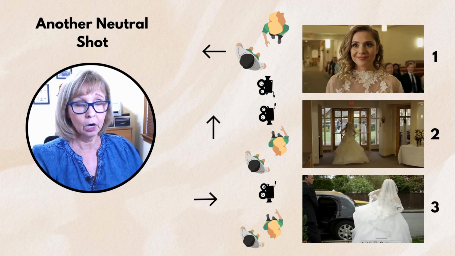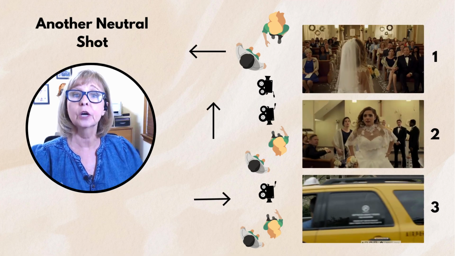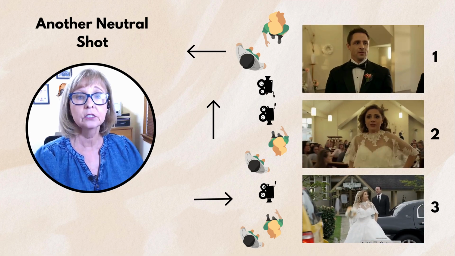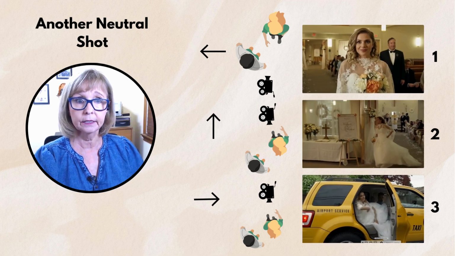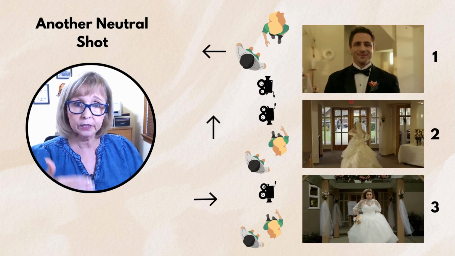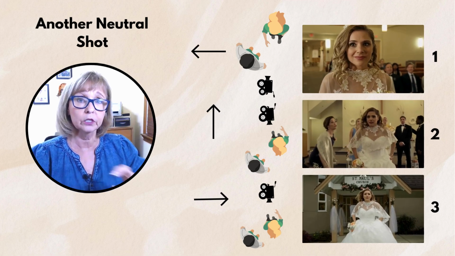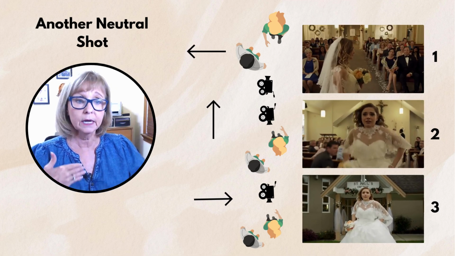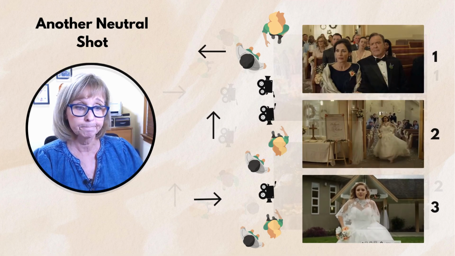Now we're on one side of the line, and we're still in a neutral shot with her. So now we can jump back to the other side to see the taxi coming in, to see her getting in. And then we can jump to the other side again because we're still in a neutral shot. That's the reason why we can jump back and forth: we're still in neutral shots at that point.